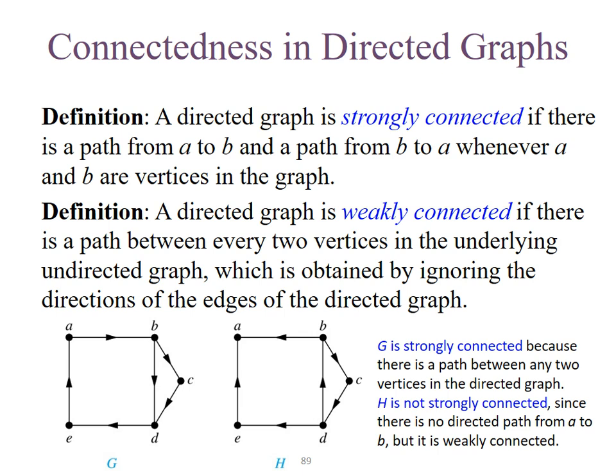Do you understand the question on the blackboard? Because this is what we call star topology, ring topology, and wheel topology of computer networks. So can you determine which one is strongly connected, which one is weakly connected?